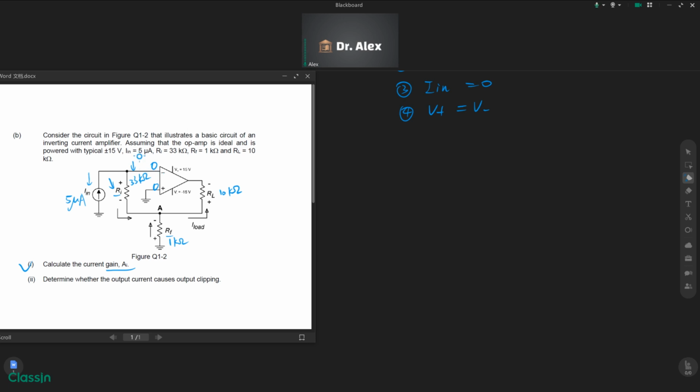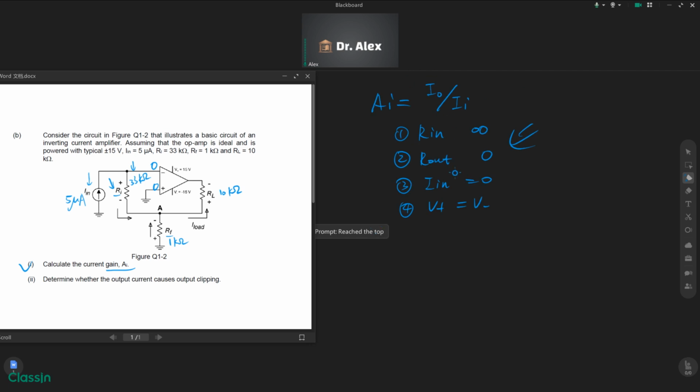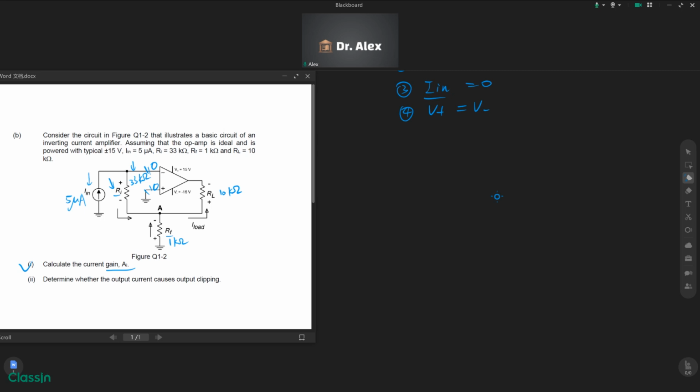And no current can flow into the operational amplifier. So at this branch and this branch, there should be no current. All right. Now we will calculate the potential at the A point.